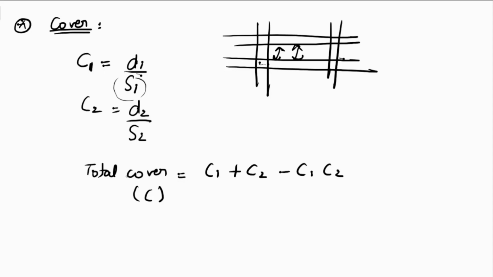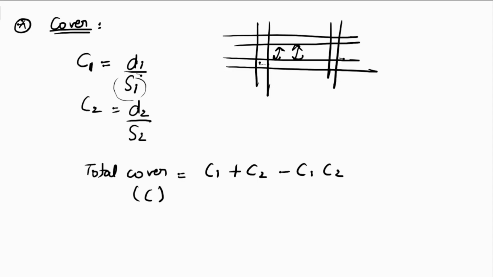Now I will talk about some numericals for cover questions. You have understood the basics of cover, and this is very important when I talk about loom geometry and fabric geometry, because in every end product of fabric you have to see the cover, and in GATE questions particularly cover is mentioned.